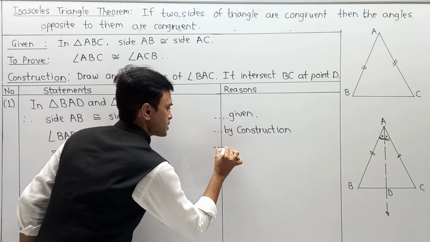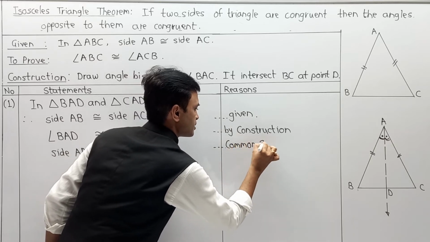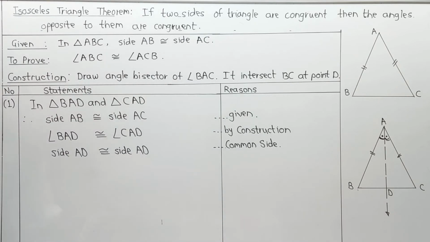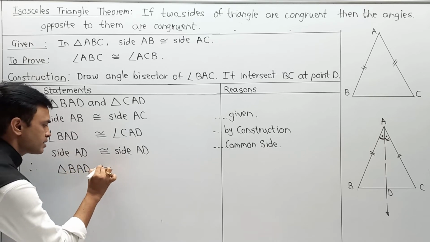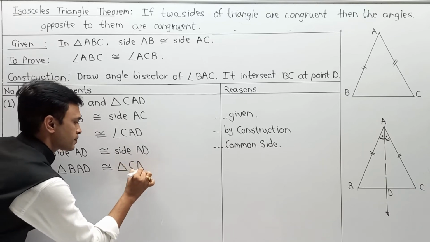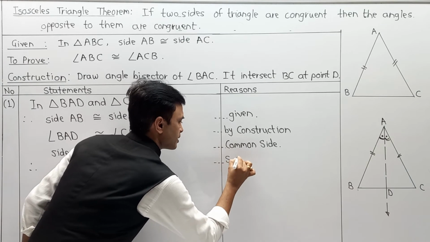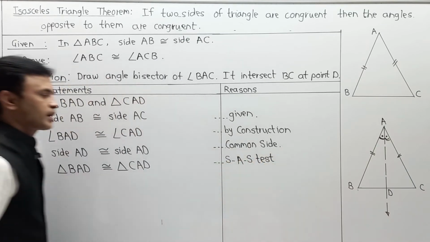Reason, common side or same side. I am going to write common side. Therefore, triangle BAD is congruent to triangle CAD by side angle side test of congruency.